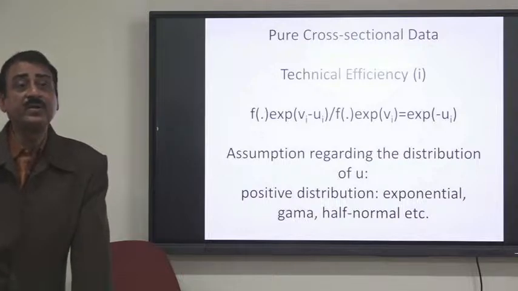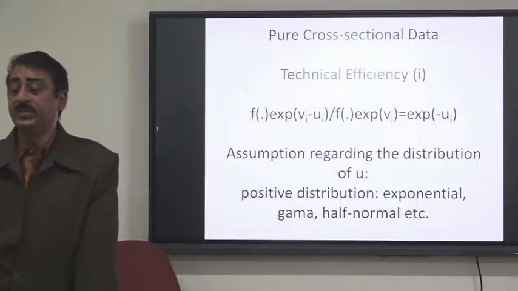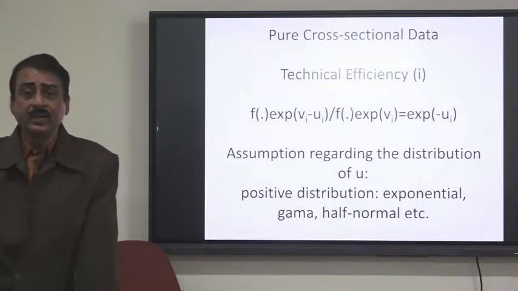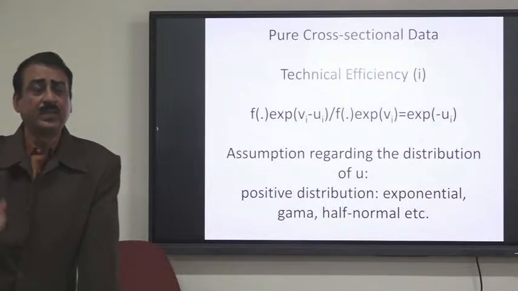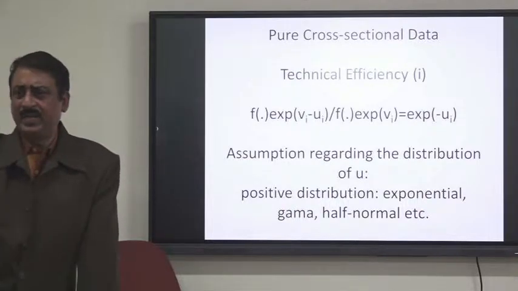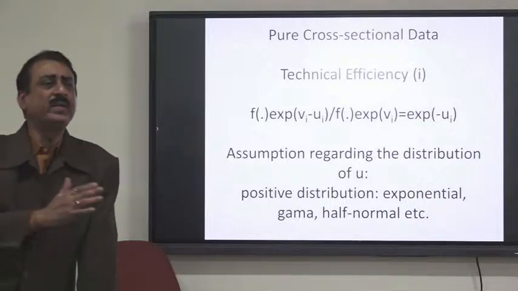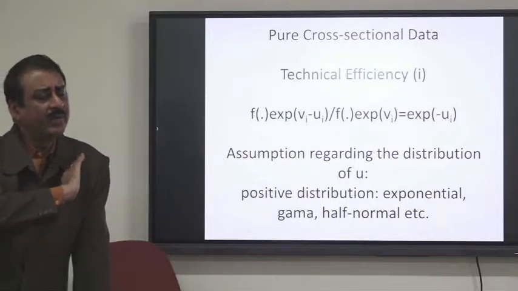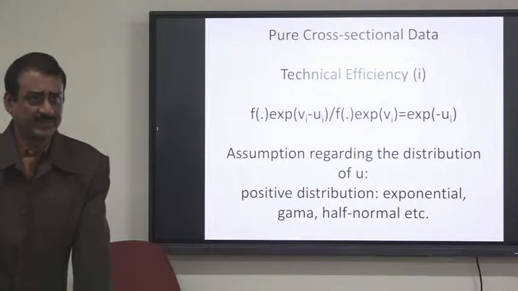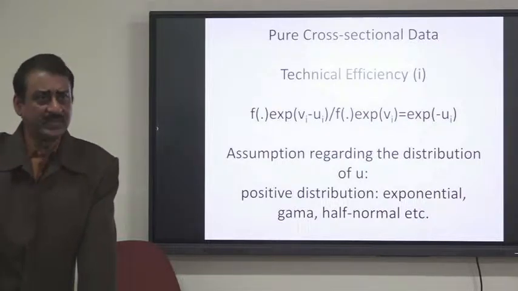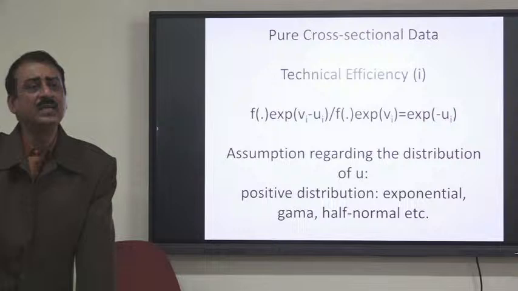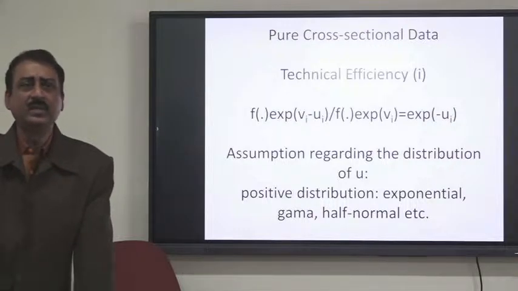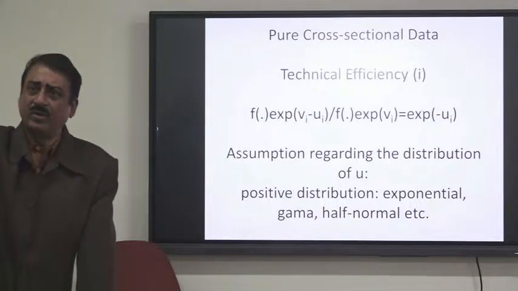In the stochastic frontier function approach, you are imagining that there are two types of errors. One error basically represents the random error. Whenever you are regressing one variable on certain other variables, you will never be able to explain 100%. So there would be some discrepancy, and that discrepancy is captured through a certain error, and that error follows a normal distribution.